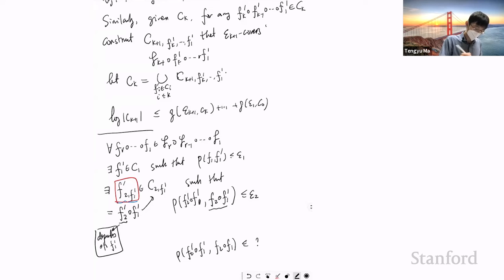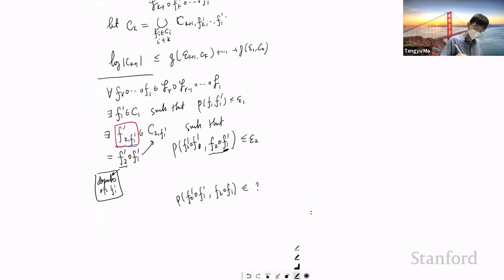And there's still some difference, because this is f1 prime, but not f1. So that's why you do a triangle inequality. You say that the target is less than rho of f2 prime composed with f1 prime, so you use this as the intermediate term.